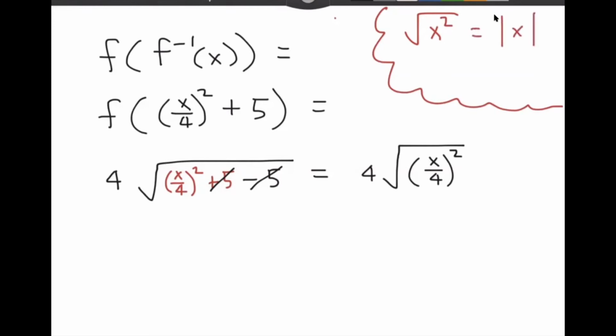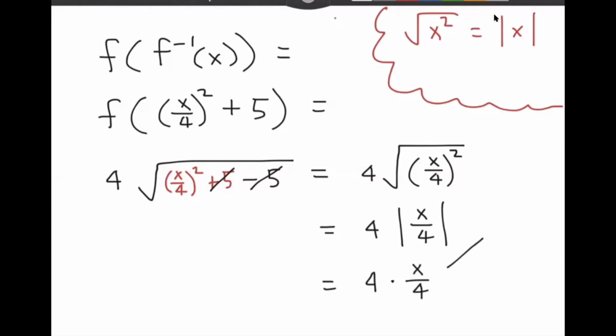Okay. So why don't we say that about this, that the square root of x over 4 squared is just the absolute value of x over 4. But guess what? Remember that domain restriction? We know that x is greater than or equal to 0. So we can actually say that the absolute value of x over 4 is just x over 4.